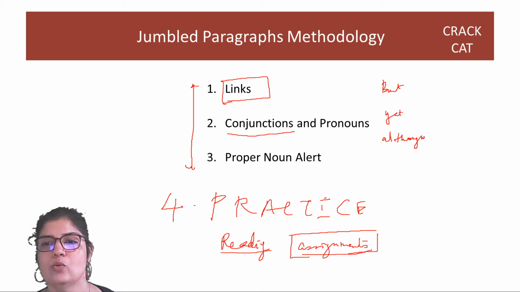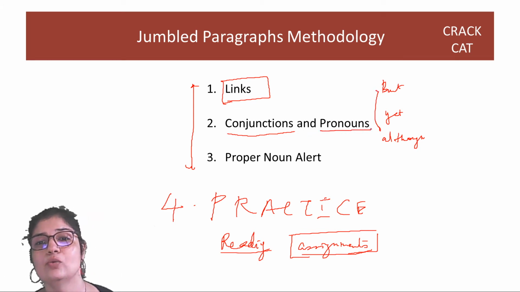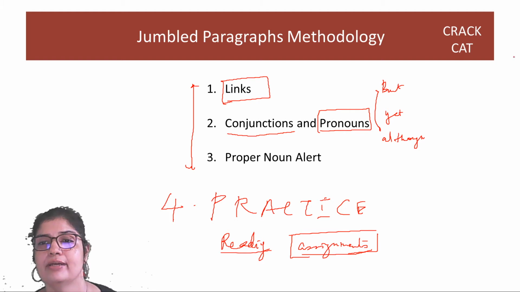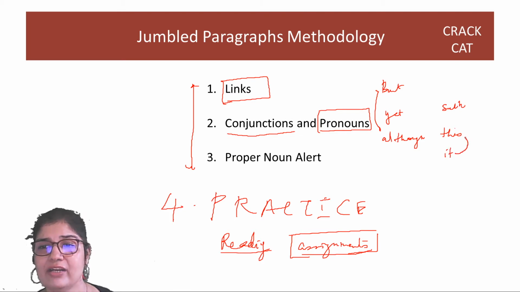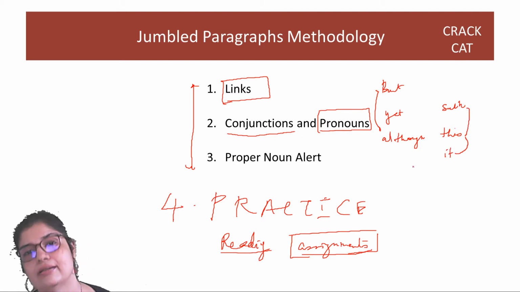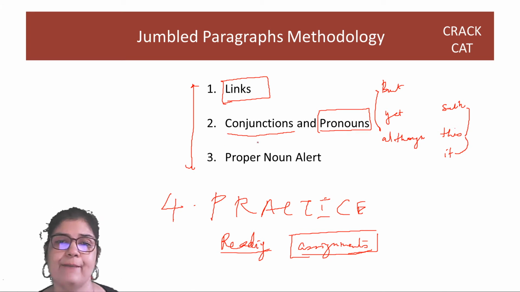Which means that you want something to counteract. And then more importantly, ज़्यादा you will find pronouns, right? So when you have a pronoun like such or this or it, please find out what it refers to and then you link it. So your links happen because of conjunctions and pronouns, right?